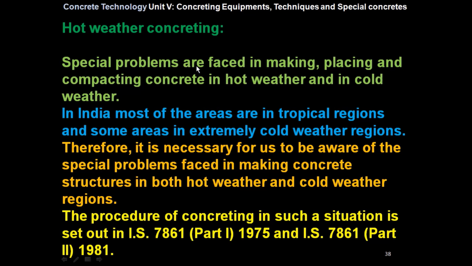Special problems are faced in making, placing and compacting concrete in hot weather and in cold weather. In India, most of the areas are in tropical regions and some areas are in extremely cold weather regions. Therefore, it is necessary for us to be aware of the special problems faced in making concrete structures in both hot weather and cold weather regions.